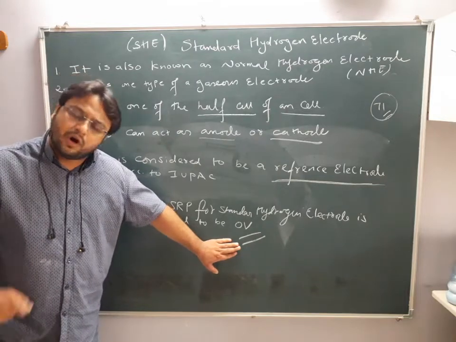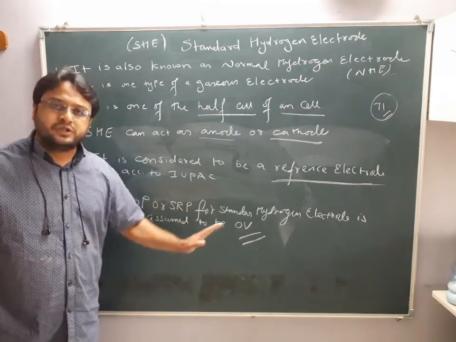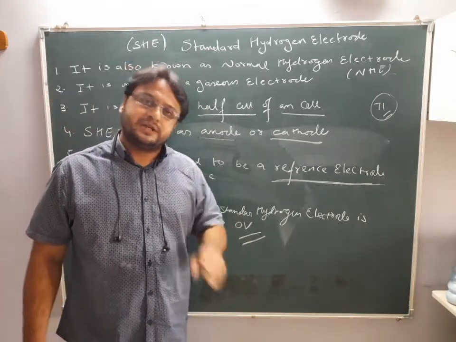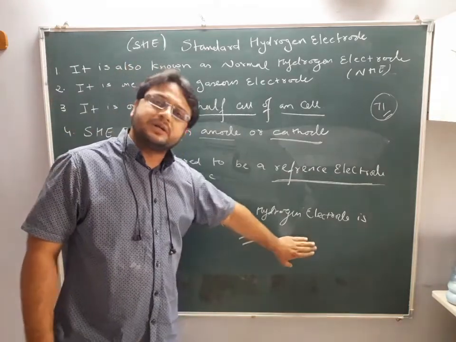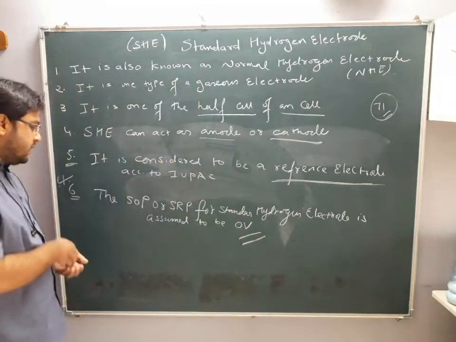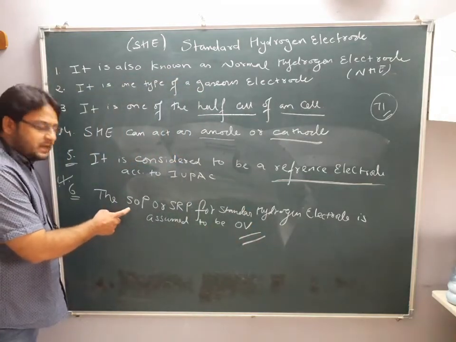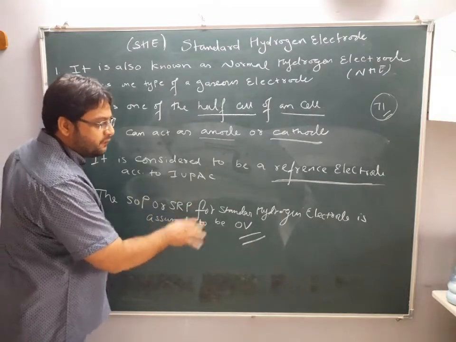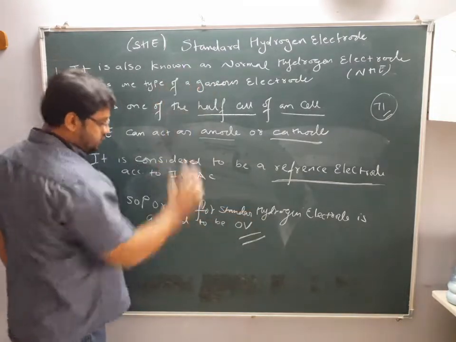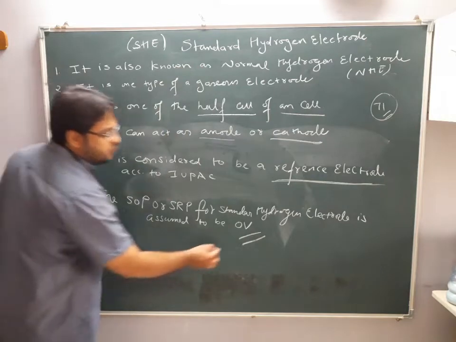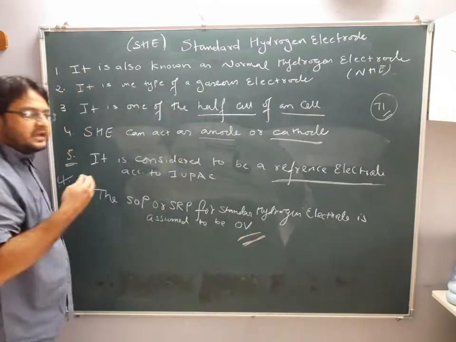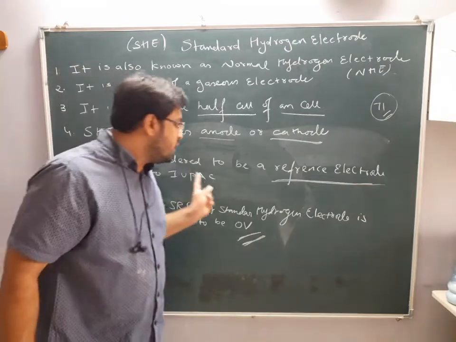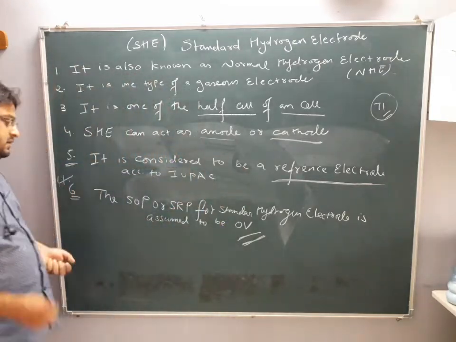But in chemistry, if an assumption is there, you have to remember it; if an exception is there, you have to remember it. So there is one assumption here: this electrode is always assumed to be 0 volt, meaning it can neither accept nor lose electrons according to IUPAC rules. So write down this.